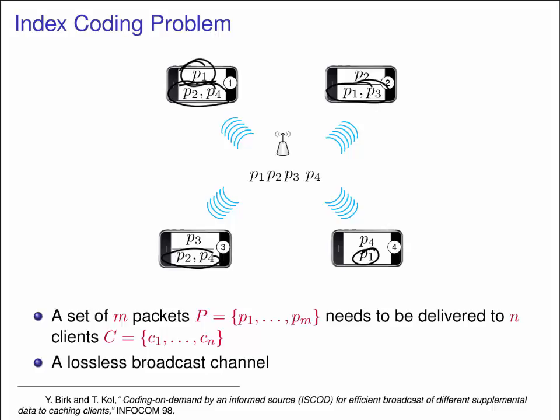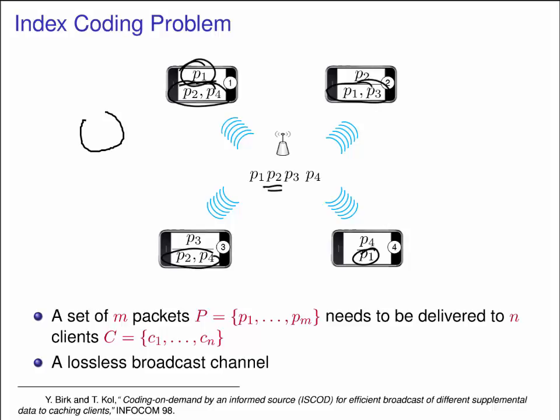How can the side information be obtained? Again, this can be obtained due to the broadcast nature of the wireless spectrum. For example, suppose packet P2 was obtained by this wireless access point from some other client.